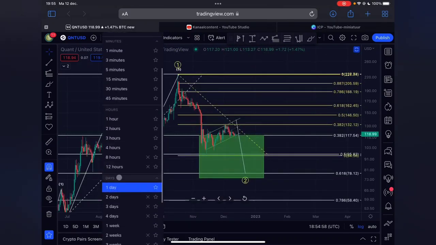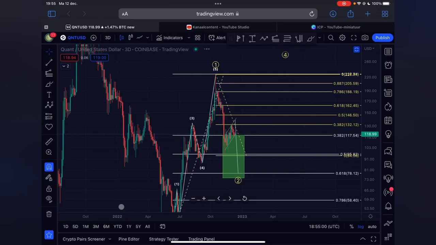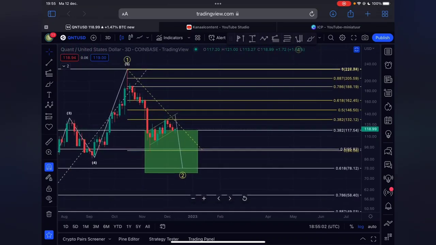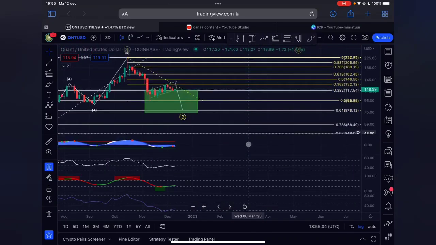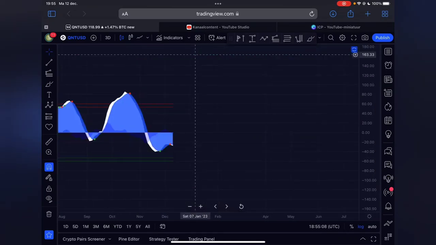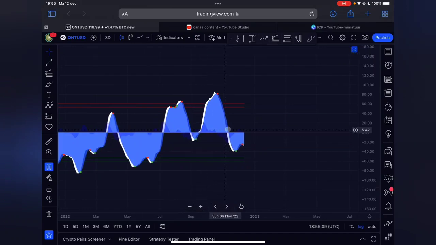Let's also take a look at the 3 daily time frame because an interesting signal is flashing at the moment. If we take a look at the indicators here on the 3 daily time frame, especially the momentum indicator here, we can see that we are under a sell signal again. A few days ago, we had a buy signal. I warned you guys that we could see a lot of increase in prices. But just recently, it shifted over bearish again.